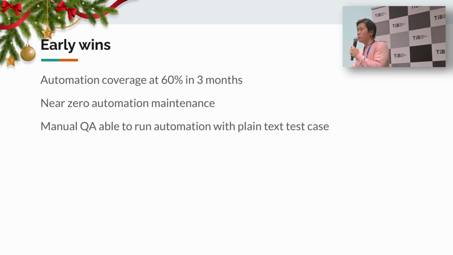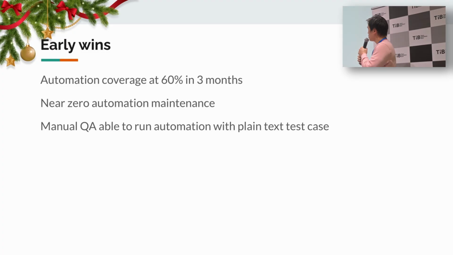Within the 3 months that we had TARS, we have 60% automation coverage and near zero automation maintenance. So we didn't do any maintenance. It was very straightforward. Once we added a tag inside the feature file of the test cases, TARS just ran through the test case and was able to execute the test properly.